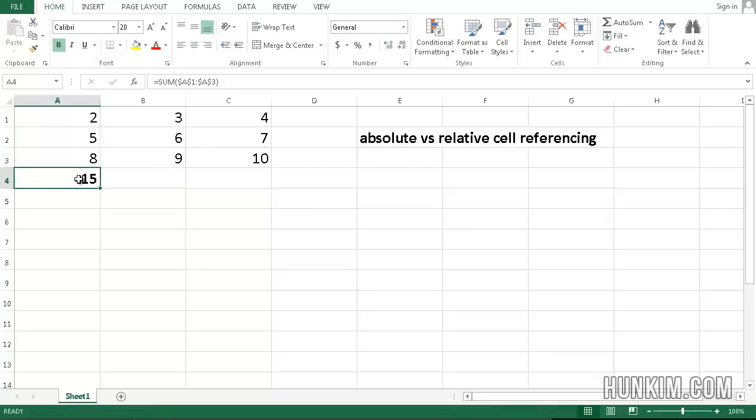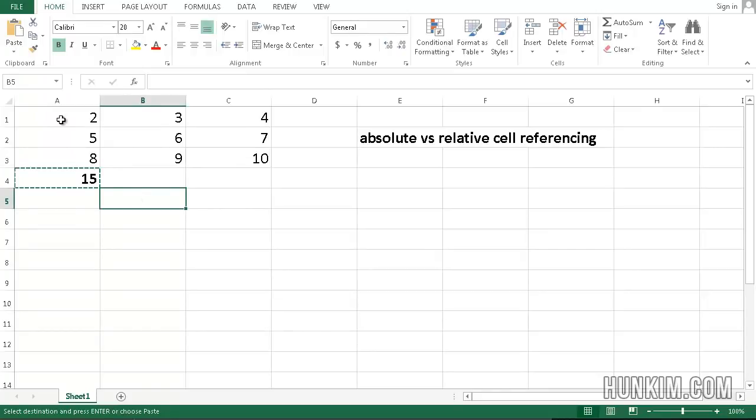Now here's where it gets even more confusing. What if we only make absolute the actual column? So here dollar sign A means the column is fixed, but the row is still relative. So what's happening is we're fixing the column. What does that mean? As we copy this and I paste it one to the right, one down, can you guess what's going to happen?